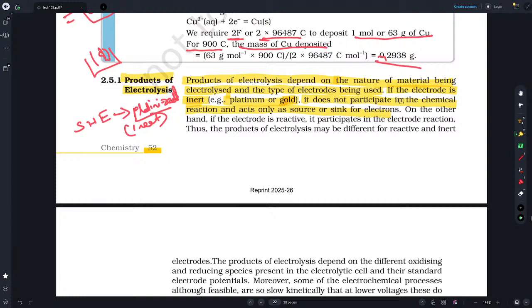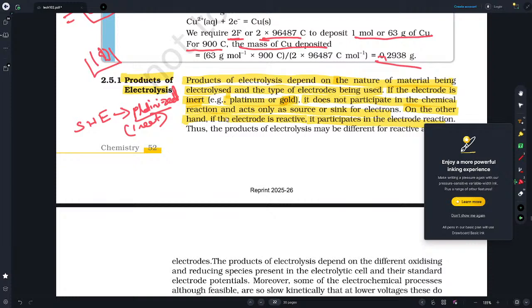Because it is an electrode, charges will be flowing and it will give the electrons or take the electrons. On the other hand, if the electrode is reactive, it participates in the electrode reaction, as we saw in inert, meaning platinum or gold.